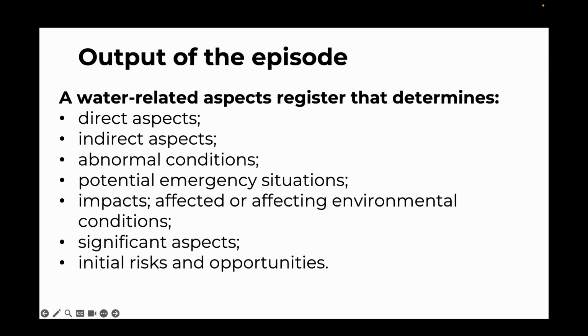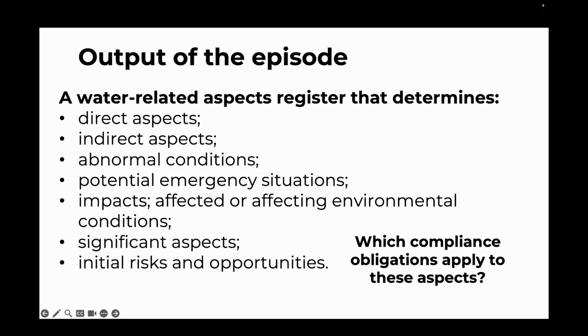It should include indirect aspects such as supplier water stress, packaging choices, contractor practices, and outsourced activities. It should also include normal conditions, abnormal conditions, and potential emergency situations. And it should show which aspects may be significant and why. But before BlueRiver decides what actions to take, there is another important question.